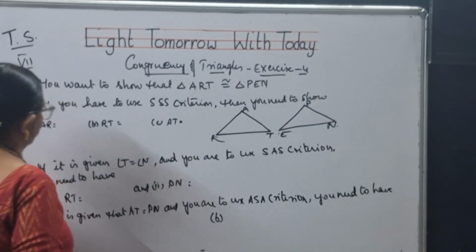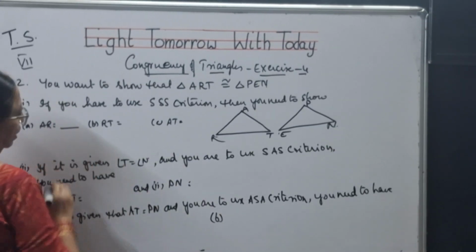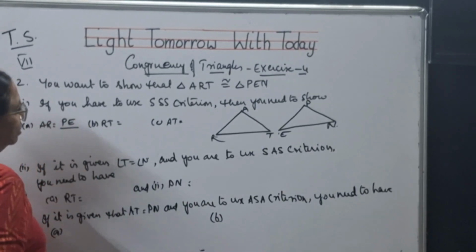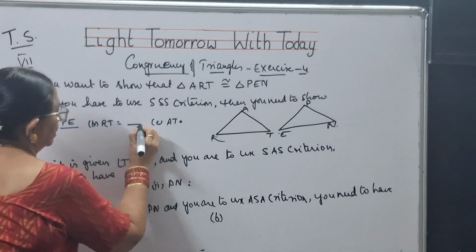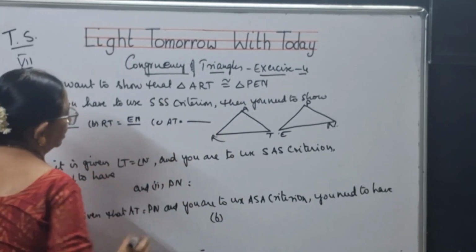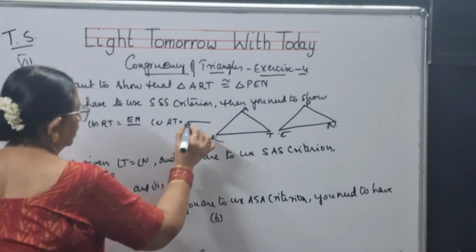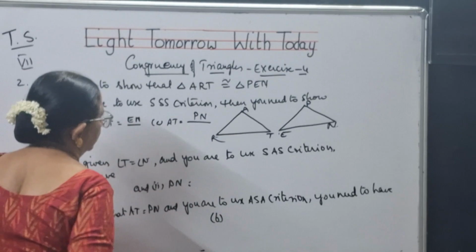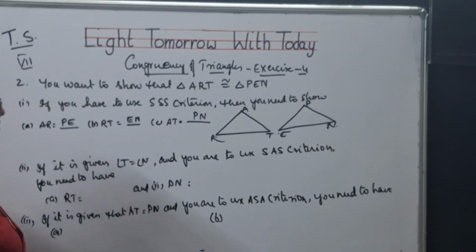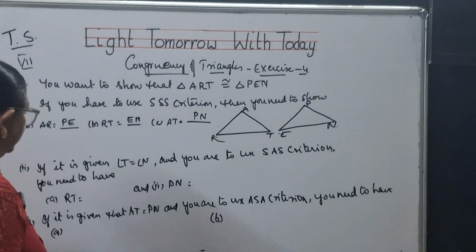Then you need to show what is AR. AR is equal to PE, corresponding side. And what is RT? RT is equal to EN. And what is AT? AT is equal to PN. If you get this, you can show that basing on side property, they are congruent.